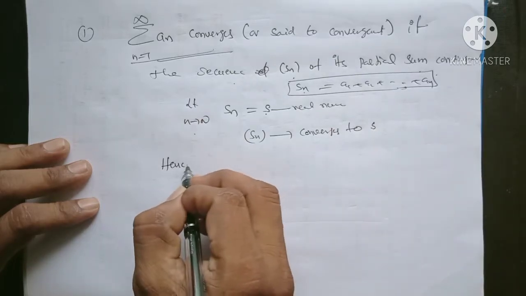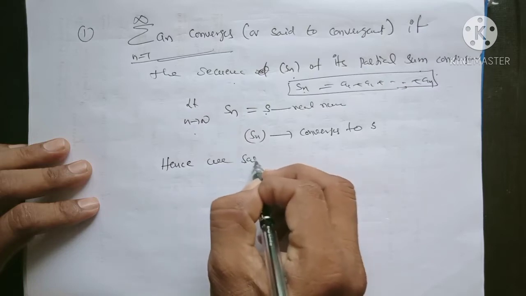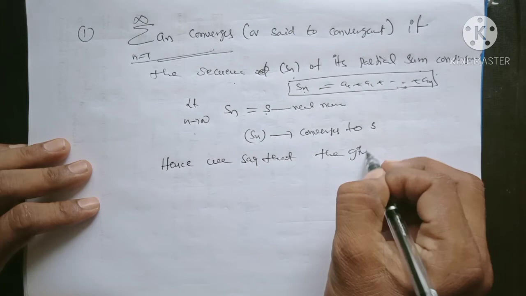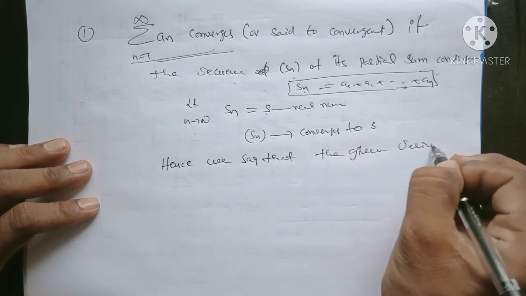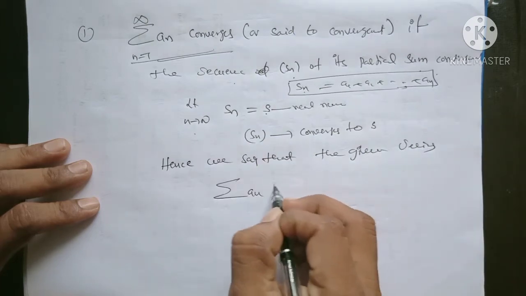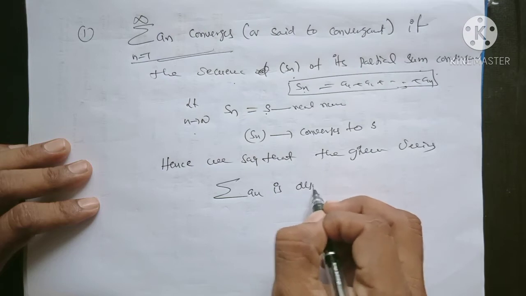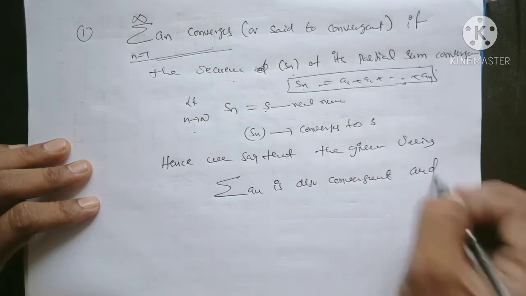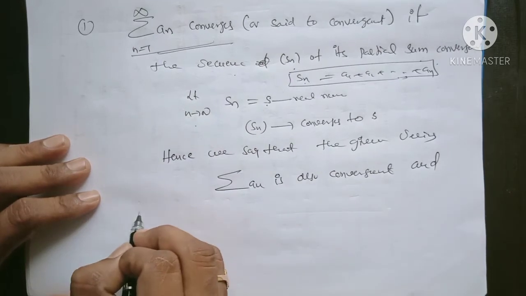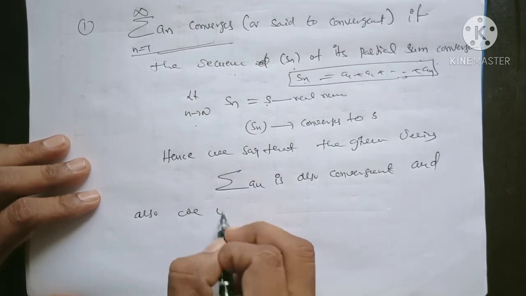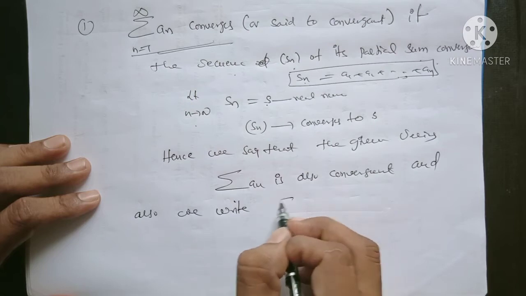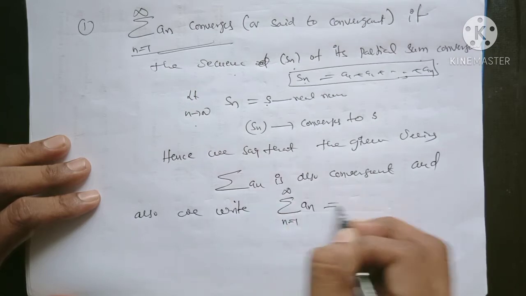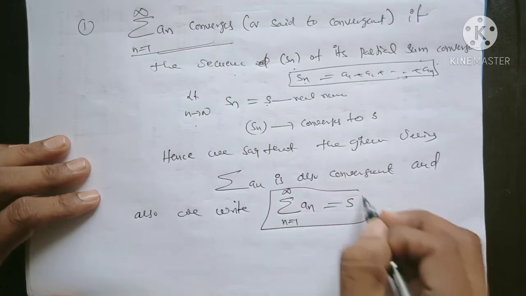Hence we say that the given series sigma an is also convergent, and we also write summation n equal to 1 to infinity an is equal to the finite value s.